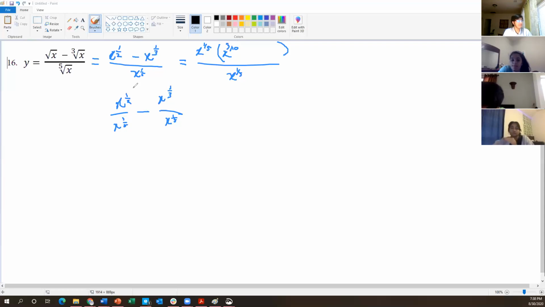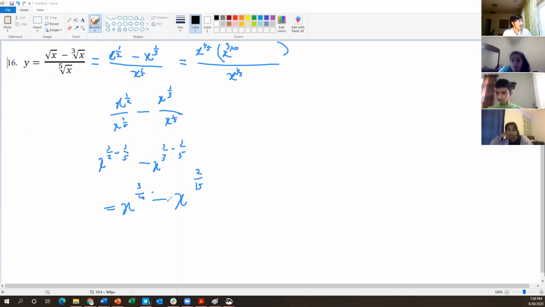And once again, if this doesn't make sense, then you can do what's here. We're doing the exact same thing, because right here what you're doing is x to the 1/2 over x to the 1/5. You would write that as x to the 1/2 minus 1/5 minus x to the 1/3 minus 1/5. You'd have to take a common denominator for the exponents, and you'd write x to the 3/10 minus x to the, so that would be what? 5 minus 3, 2/15.